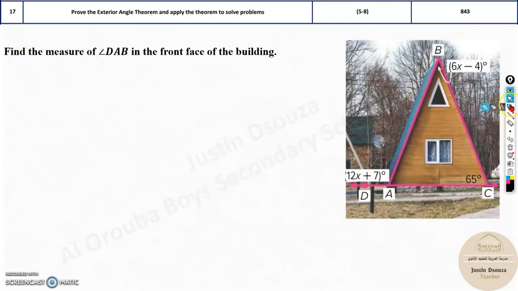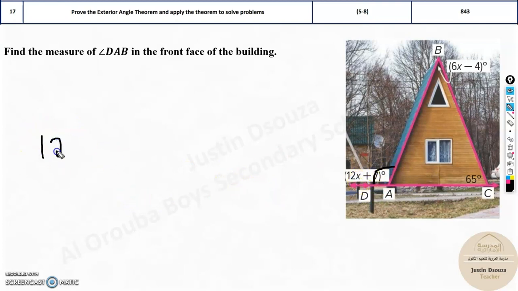Find the measure of DAB, this angle, in the front face of the building. Now, they have given angles in terms of x. Look at this. B is given, C is given, and this is also given, but it's in terms of x. They want an angle. All you need to do is understand the exterior angle theorem.